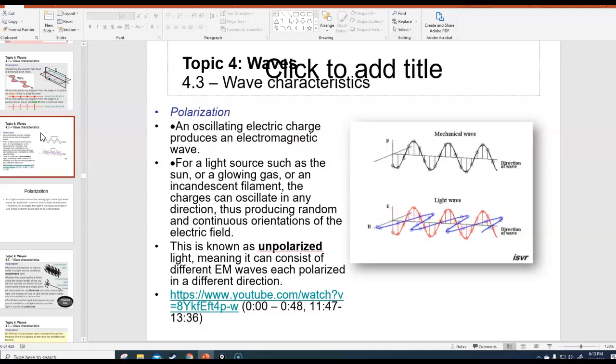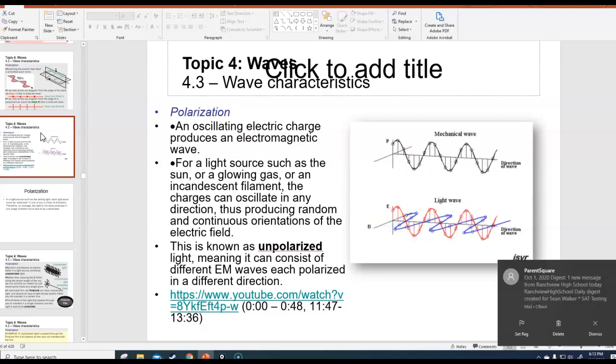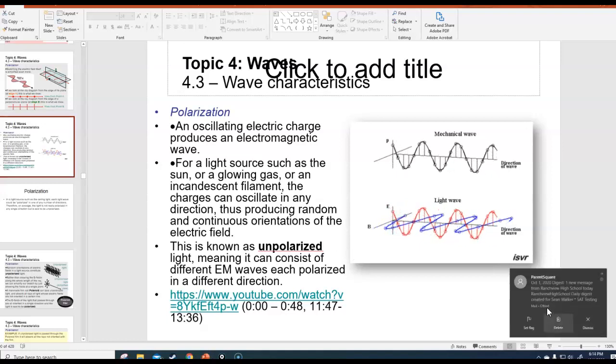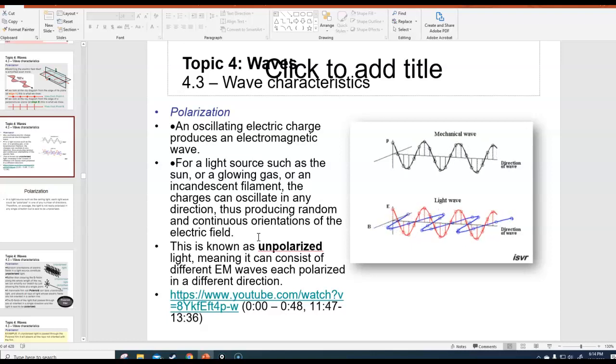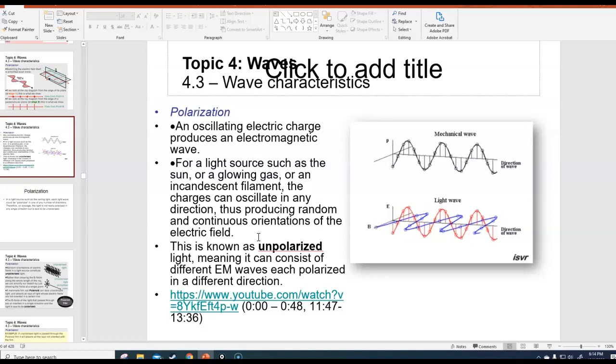Okay, now, even though any transverse wave can be polarized, we're mainly going to focus on polarization of electromagnetic waves because that's where the most interesting applications are. Okay, so let's back up a little bit. Electromagnetic waves are produced basically by oscillating charge.